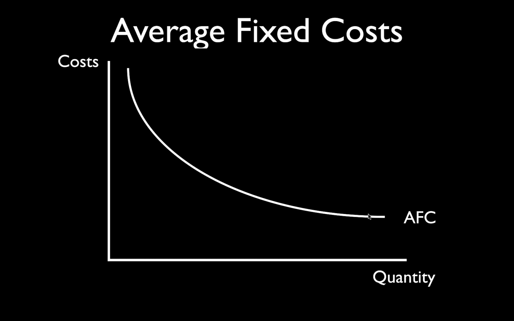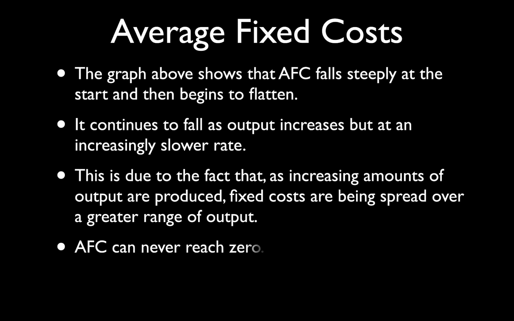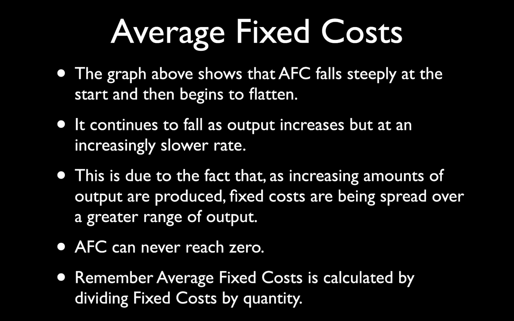It is falling at a slower rate, but it is still falling. Okay, now it can never reach zero. I don't know, we may have a few HL students for mathematics, but you supposedly need to divide by infinity, and we're never going to produce that because we can't, because we understand that economics is the study of scarcity, so therefore it will never reach zero. Okay, and don't forget how it's calculated.